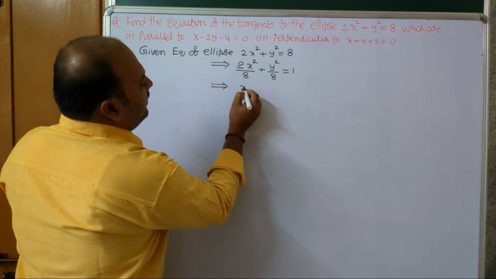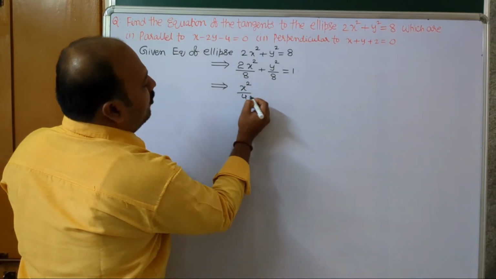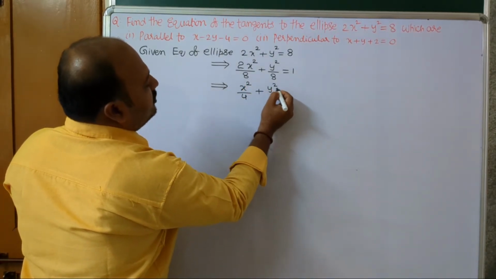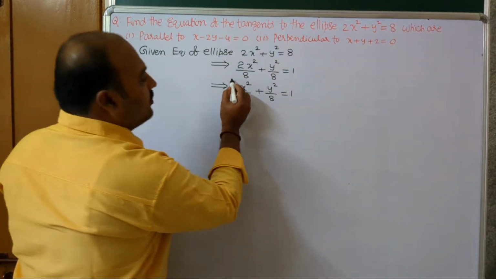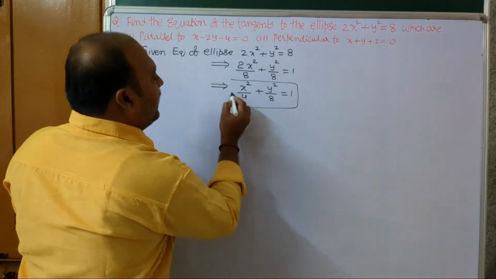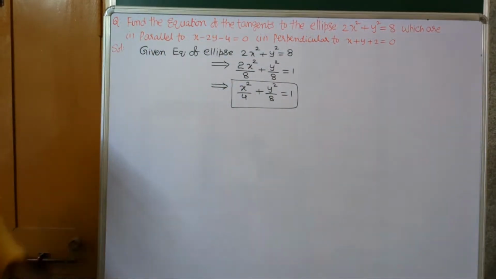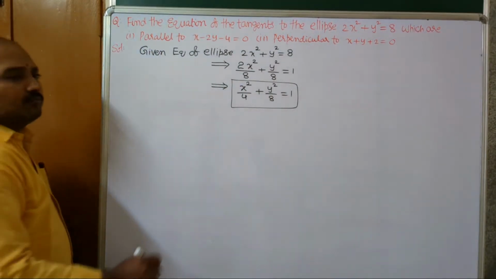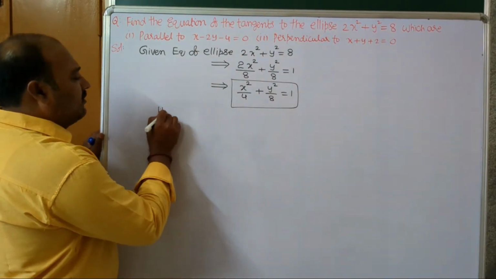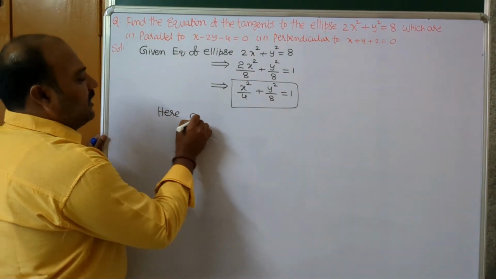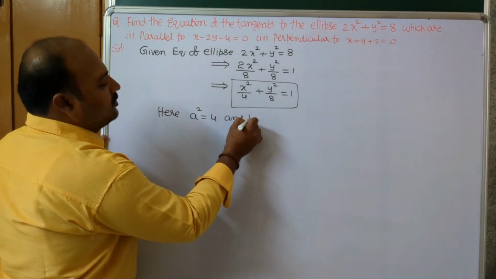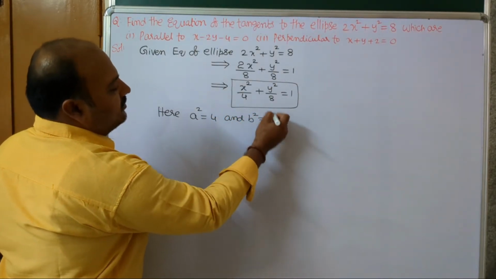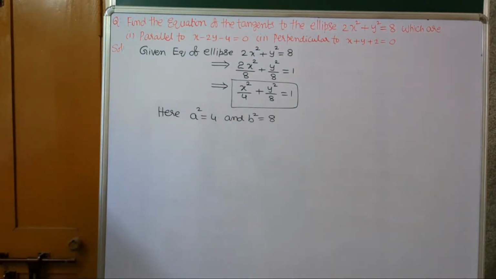That implies x square by 4 plus y square by 8 equal to 1. Now this equation is in the standard form, and here a square equal to 4 and b square equal to 8. Are you getting all of you?